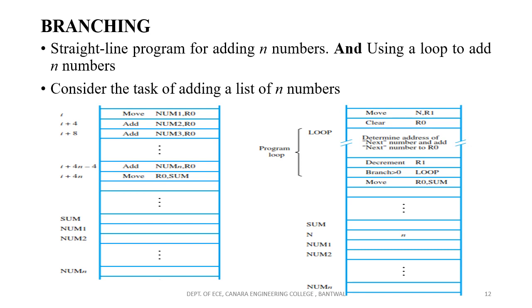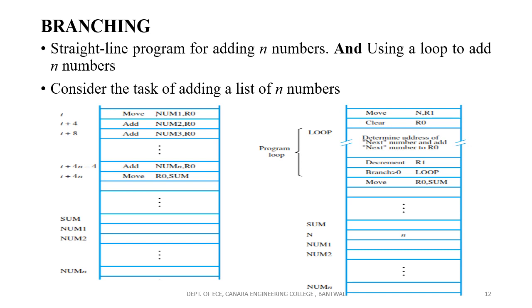In this particular slide we will look into two figures. In one case there is no branching and in the other case there is branching. Suppose we need to perform a task to add n numbers. One simple approach is to keep on adding all the n numbers as mentioned in the first figure.